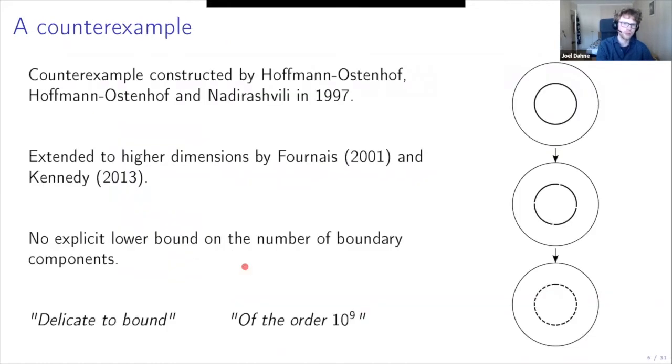For non-simply connected domains, however, it's not true. A counterexample, which is not simply connected, was constructed by Hoffmann-Ostenhof and Nadirashvili in 1997. They showed that there exists a domain for which the nodal line does not touch the boundary.